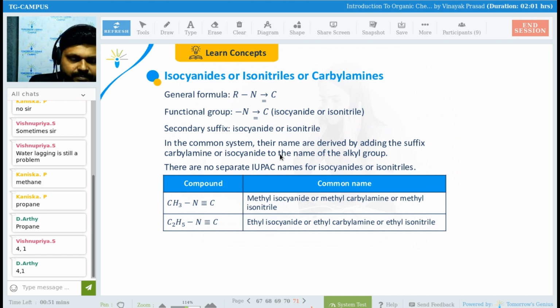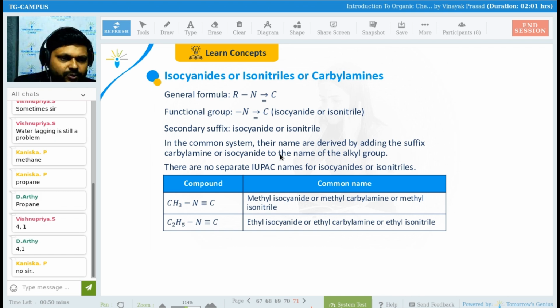No. See here. Hello, Vinayak sir. Yes. Sir, your camera is off. No, my camera is not. So just refresh from your side, because from my side it is looking like your camera is off. Is it visible now? Am I visible, guys? Please write in the chat section, am I visible to all of you?